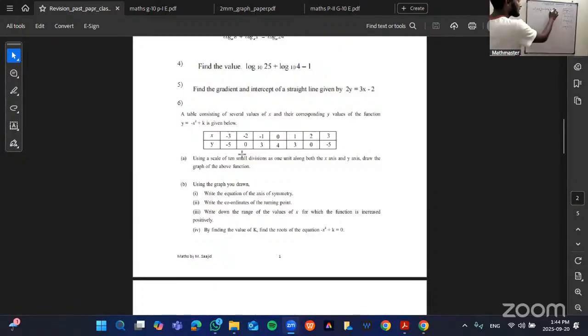Then we can write this one in terms of log 10 like this: log 10 25 plus log 10 4 minus 1 can be written as log 10 25 plus log 10 4 minus log 10 10. Now we have all the bases as log 10.